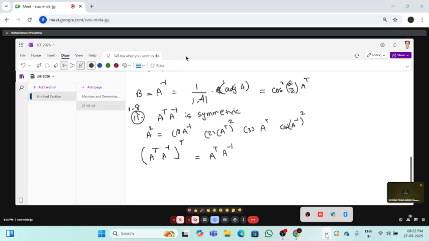Now, what is A transpose A inverse whole transpose? This is the formula for AB whole transpose. What is AB whole transpose? B transpose A transpose. It's not only for inverse, it is true for transpose also. So A transpose into A inverse whole transpose is A inverse transpose into A transpose transpose.